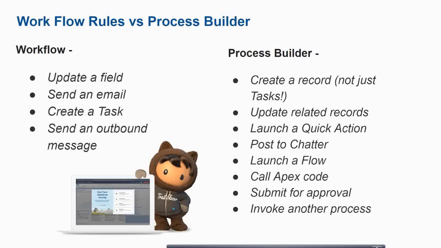Along with that, you can call Apex code, which will run once certain criteria is fulfilled in the process. You can do anything in an Apex class, which opens a multitude of opportunities. You can write almost anything in Apex and get it triggered from process builder.